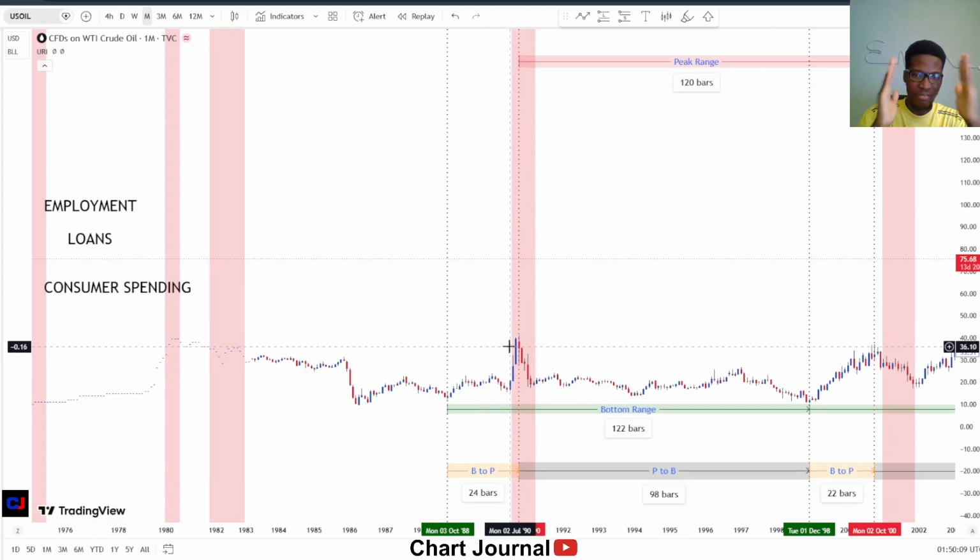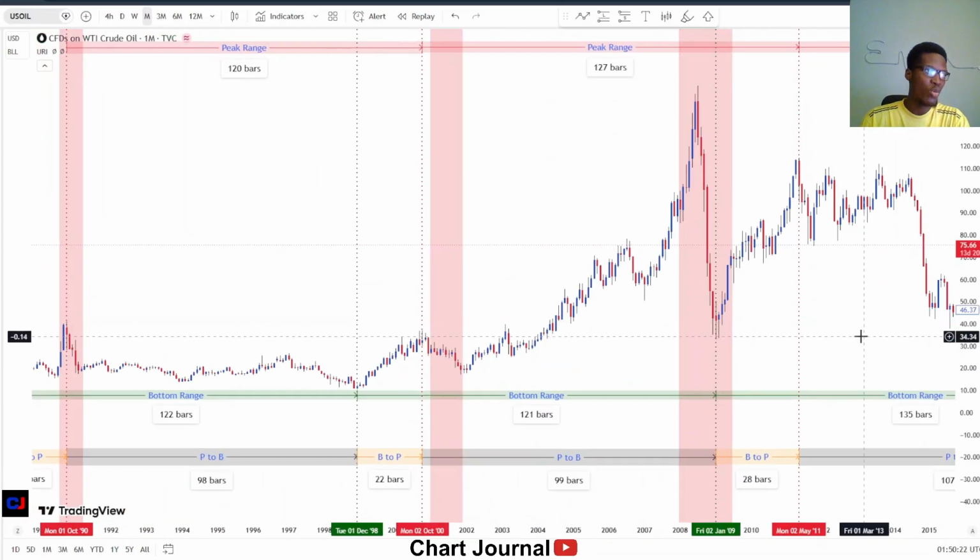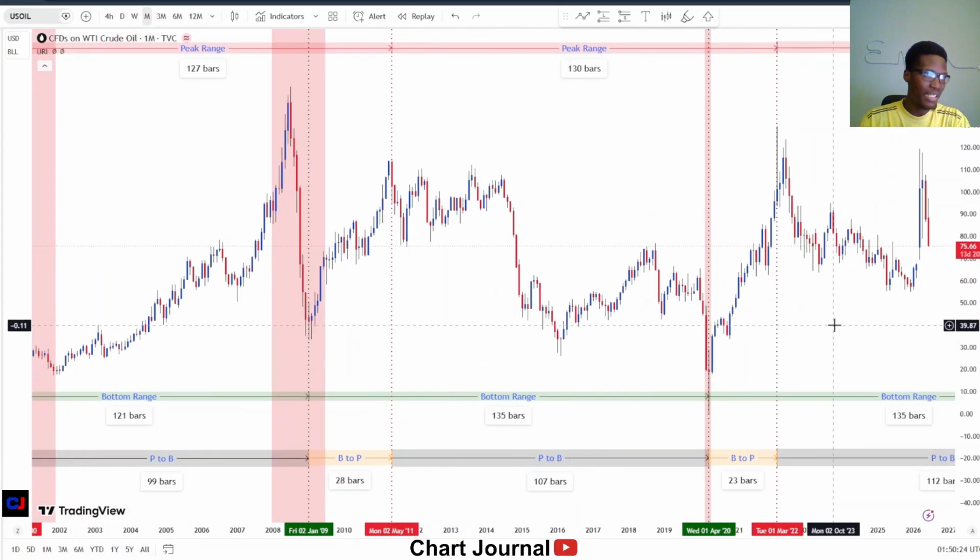With the recession at the red zones, every time we either have a recession right before we bottom, or we have a recession after the 2 years gone high, then we have a recession bringing it back down, which has happened every time. So that might likely occur this time as well.